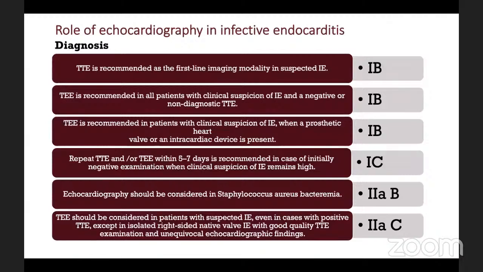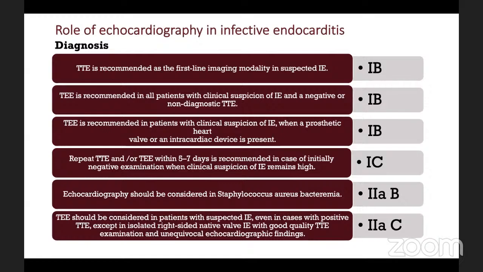So the role of echocardiography in infective endocarditis for diagnosis: transthoracic echocardiography is recommended as the first-line imaging modality in suspected infective endocarditis. TEE is recommended in all patients with clinical suspicion of infective endocarditis and negative or non-diagnostic TTE.